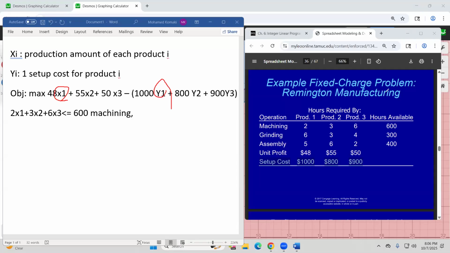So here is my goal: if y1 is 0, x1 should be 0. If y1 is 1, x1 can be any value, any positive value. So I want to establish this one.